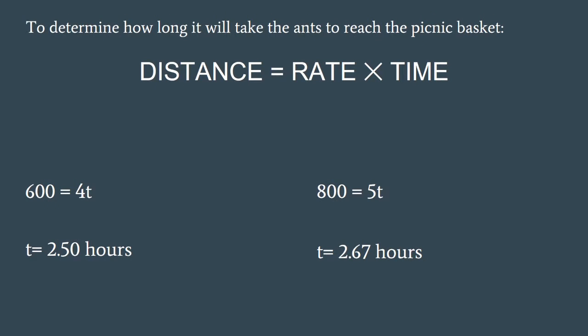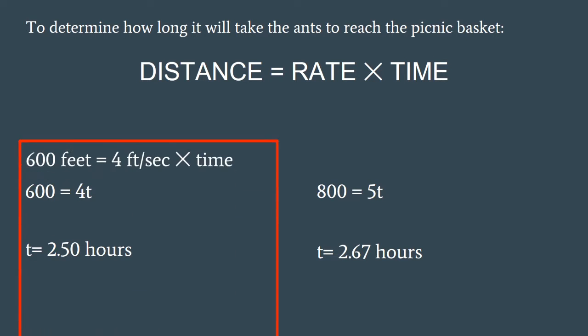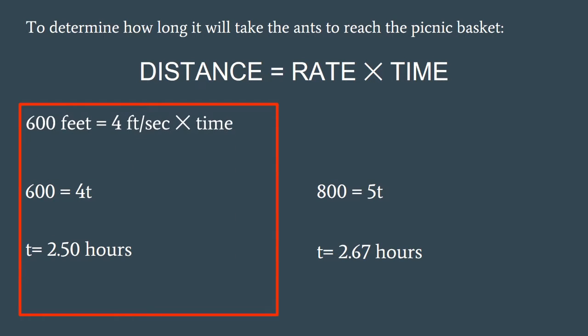To determine how long it will take for both ant colonies to reach the basket, we will be using the distance formula. Because the red ants are 600 feet from the picnic basket, our distance is 600. They are traveling at a speed of 4 feet per second, so our rate is 4. We plug those numbers into the formula and find that t, time, equals 2.5 hours.